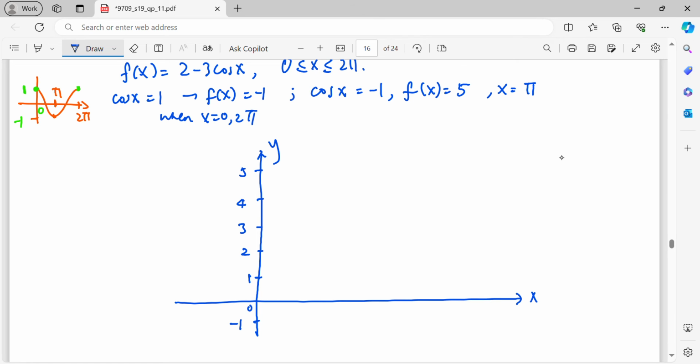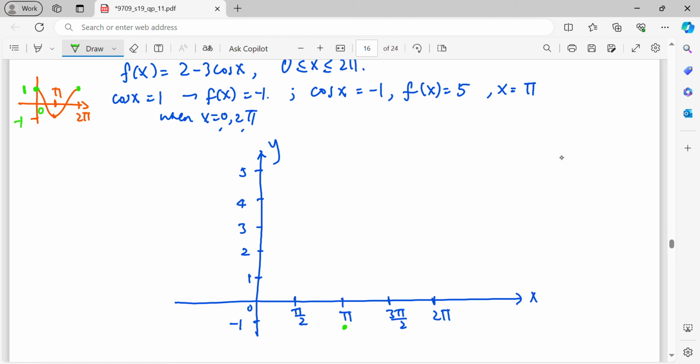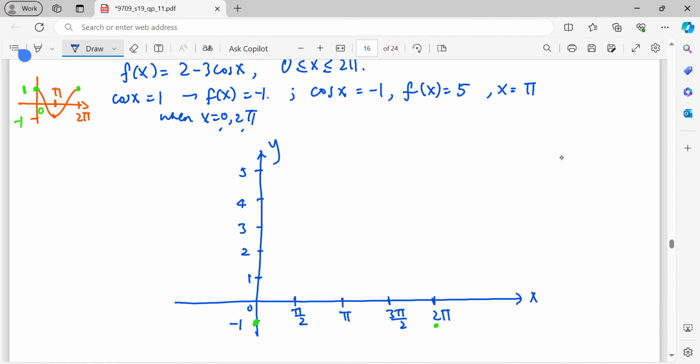Let's say this is pi over 2, this is pi, here is 3 pi over 2, followed by 2 pi. Now at 0 and 2 pi I get minus 1, which means it's here. Then at pi I get 5.